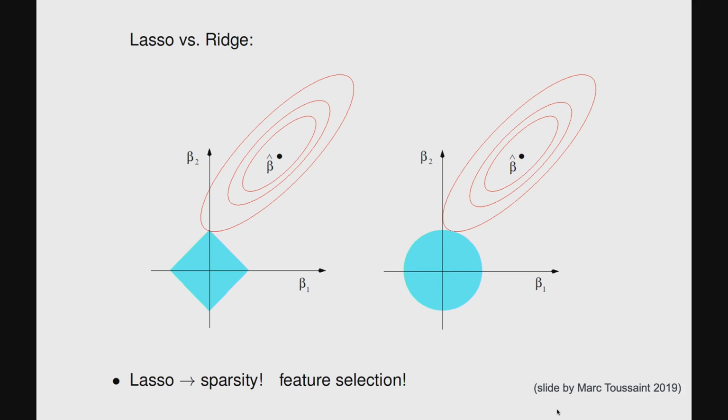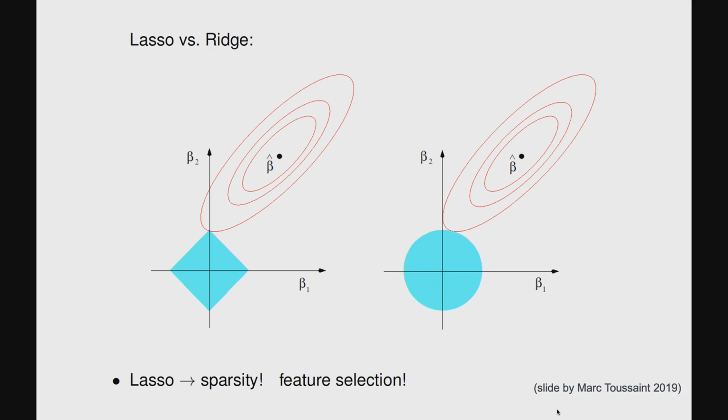And now, when we have this kind of diamond, the chance is high that we hit a corner. What does hitting a corner mean? It means that, for example, in this corner, beta 1 equals 0. A high chance does not mean it's always the case. If beta hat was a bit further down here, the optimal value would be somewhere here. It's not a strict requirement. It's just that in a certain area above here, the closest point will be this corner. And of course, likewise, in a certain area here, the closest point will be this corner.